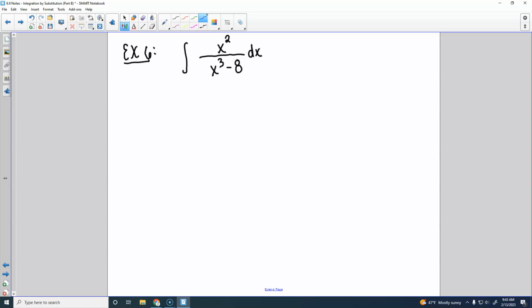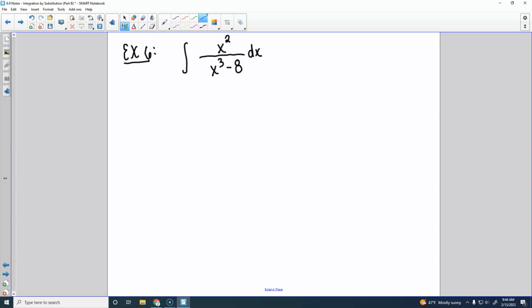So what do you guys think I should use for the u? X cubed? What about the minus 8? Should I go with it or no? I could kind of do it either way, but it's going to be easier like that, because when I take the derivative of the 8, it just goes away.